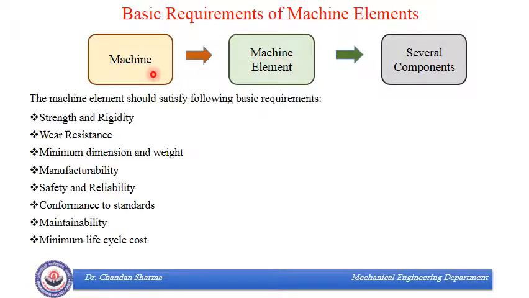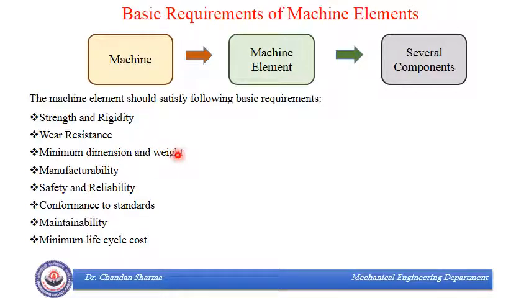So the basic requirements that a machine element should satisfy are: it should have sufficient strength and rigidity. Strength means it should take up load, and rigidity means it should not deform when the load is applied. It should have sufficient wear resistance. The best design is that design which has minimum dimensions and minimum weight.